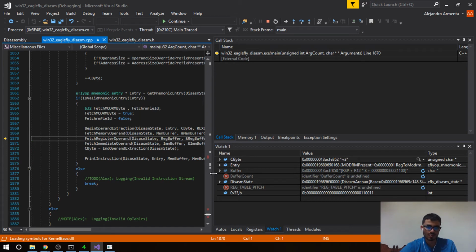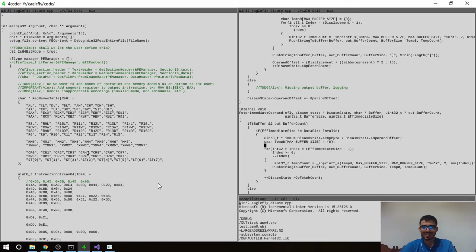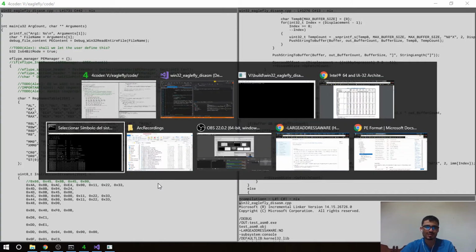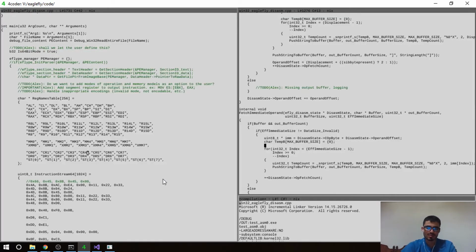Fetch register operand. Well, I don't know what it is. RBP. Is it RBP? Yes, it's RBP, that's correct. Okay, that's normal stuff.